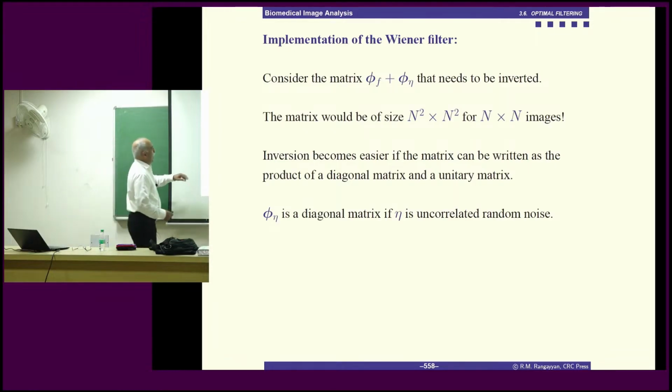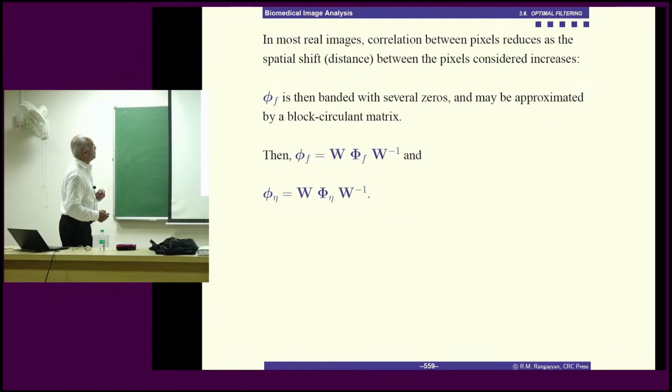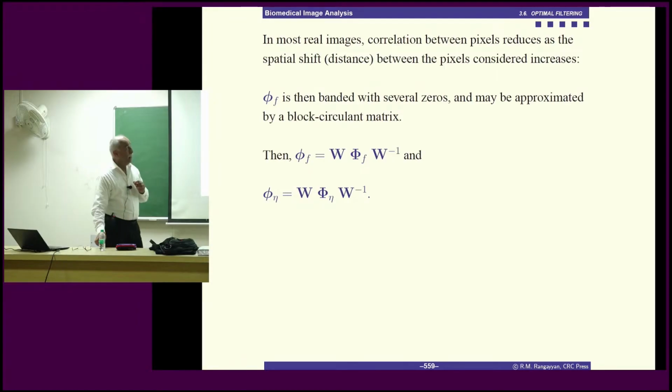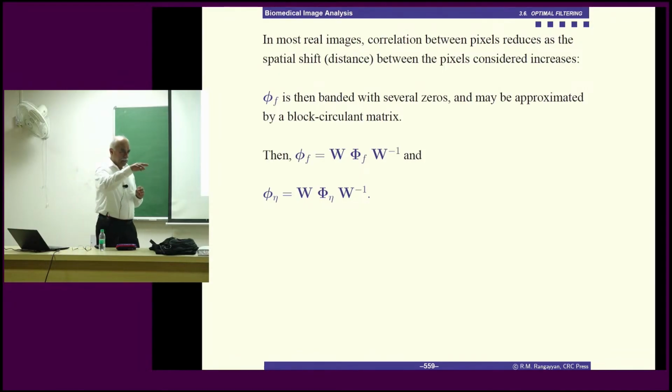So phi eta is diagonal if eta is uncorrelated random noise. So it's already diagonal, no problem. What do you do with phi f? Here we start making some assumptions. In most real images, the correlation between pixels reduces as the spatial shift increases. If the signal is periodic, then the autocorrelation function will keep peaking whenever the same period appears.